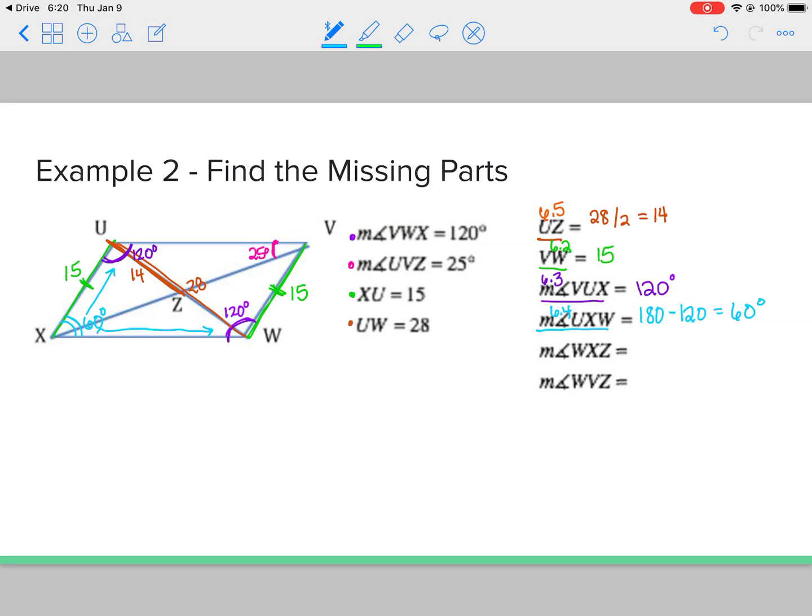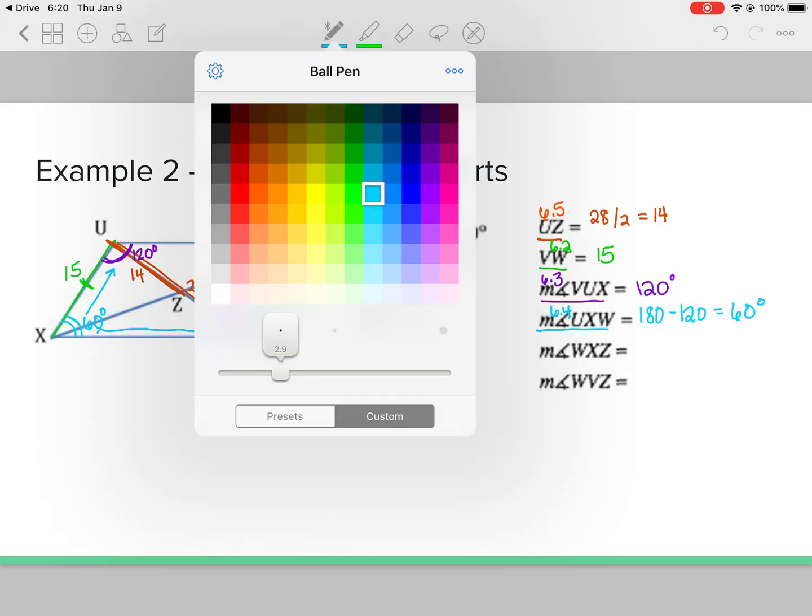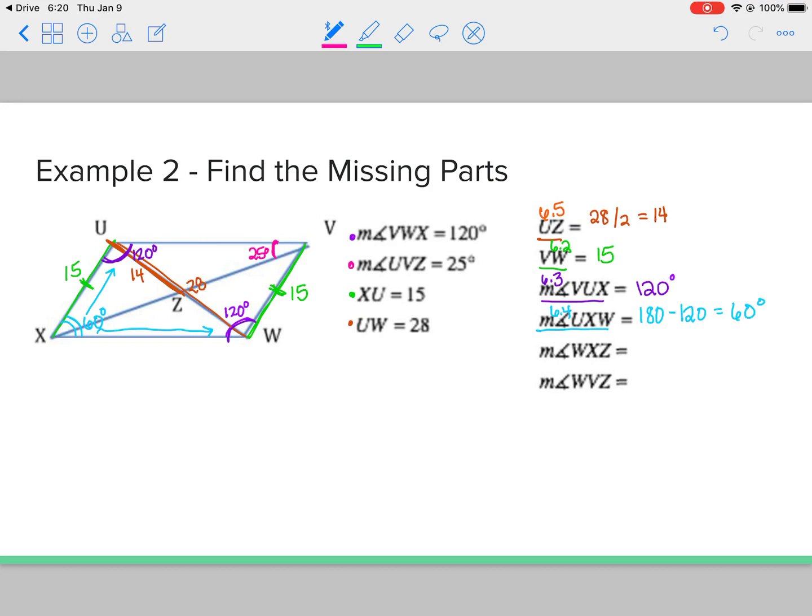So those first four pieces of information came directly from the theorems. Our next two that we have to find, we're going to have to use a little bit of reasoning skills. The first angle that we're asked to find is angle WXZ. WXZ is this little angle down here. It's not the entire diagonal, and that diagonal does not bisect the angle there.